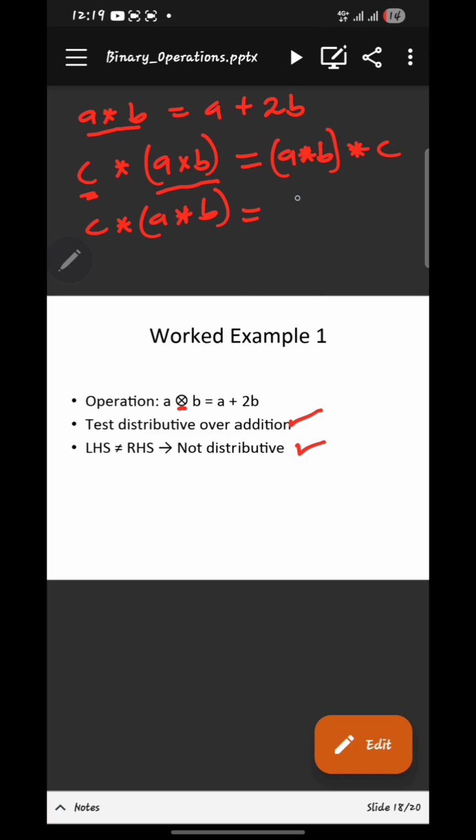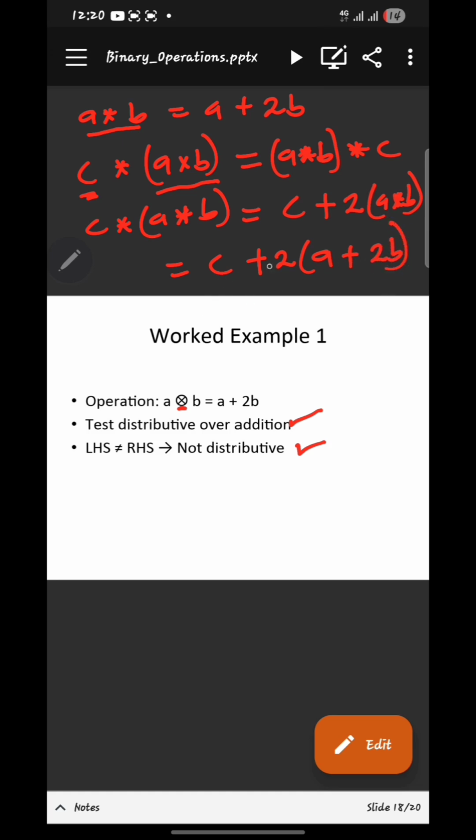C plus 2 into A operation B. Now don't forget that we will still apply this same operation on this one as well. So this one will now give us C plus 2 into brackets. Perform the operation on this one. A is A now. A plus 2B.